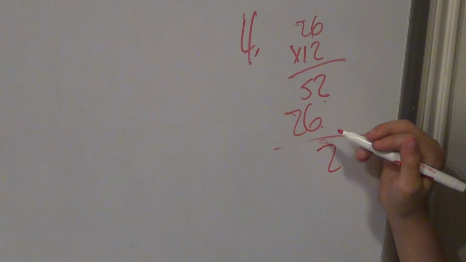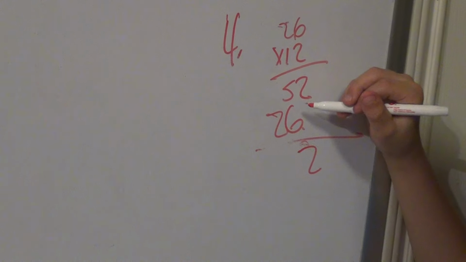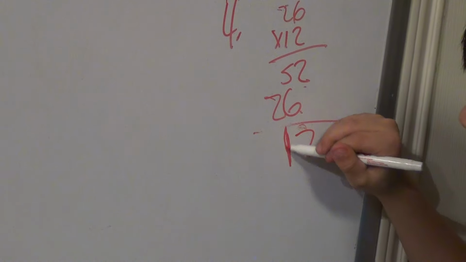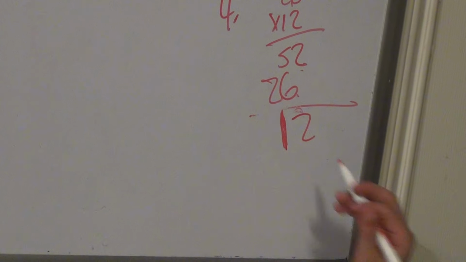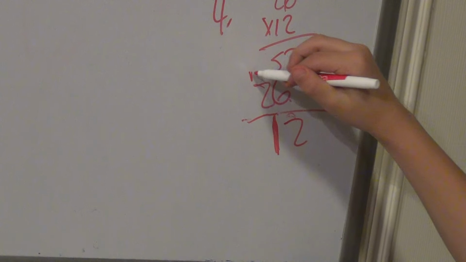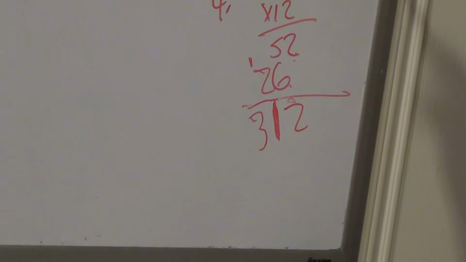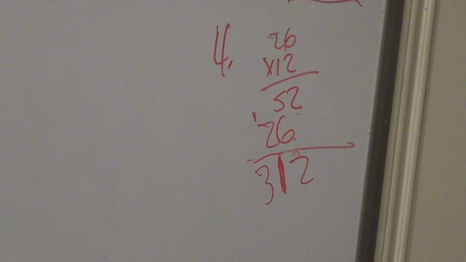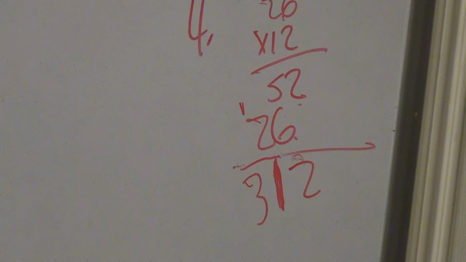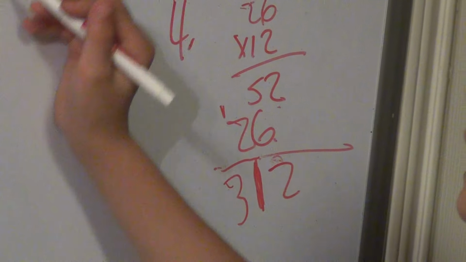So we have 2, and we have 6 plus 5. It's 11. If y'all know how to do normal addition, y'all know to carry the 1 over to the 2 and add it like 3. That's the same thing as multiplication. Up there, you just carry the 1 over just like in addition.